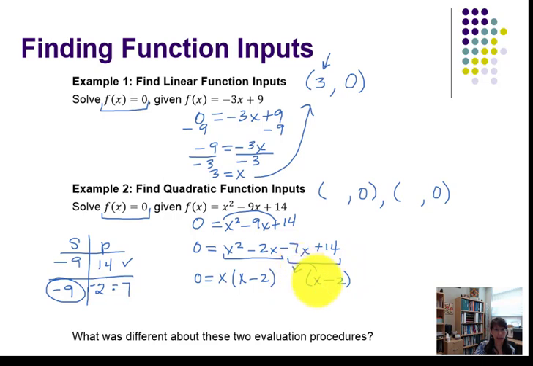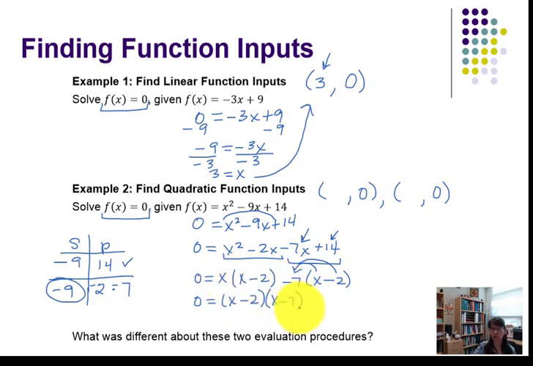Working backwards, x times what factor would match negative 7x? That would be negative 7. Is negative 2 times negative 7 14? That looks good. So now we have 0 equals our common factor of x minus 2 multiplied by our other factor, x joins with minus 7.